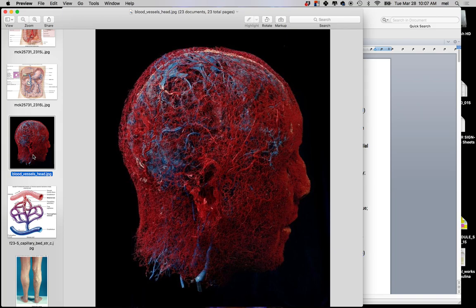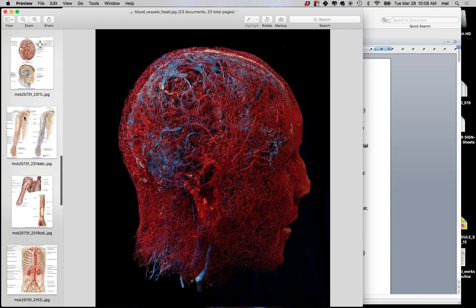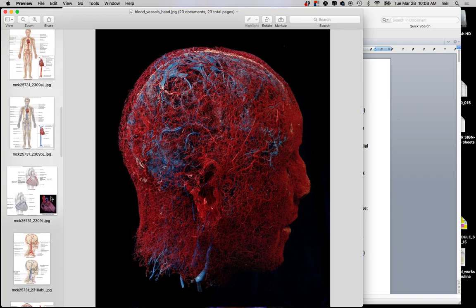Then they take that cadaver, or that body part, and submerge it in something that disintegrates all of the tissues that are not plastinated. What you get is a complete outline of the blood vessels, and you can see that your blood vessels come within millimeters of every single cell in your body. It's pretty damn amazing.